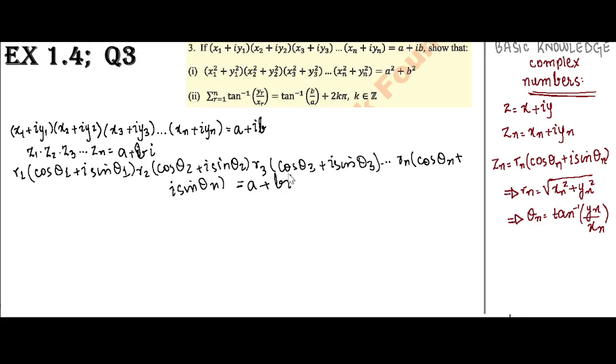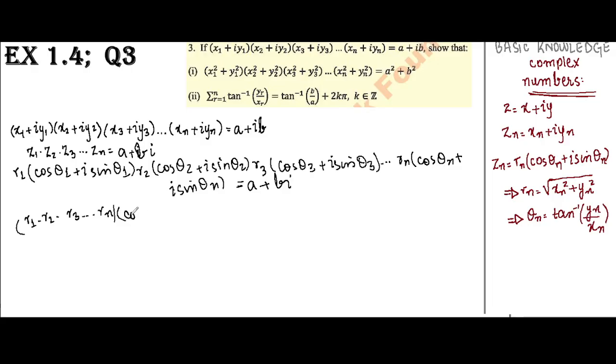Now while we have written all of this, we are going to combine all these R1, R2, R3 up to Rn over here. So R1, R2, R3 dot dot dot up to Rn, multiply with all these terms.